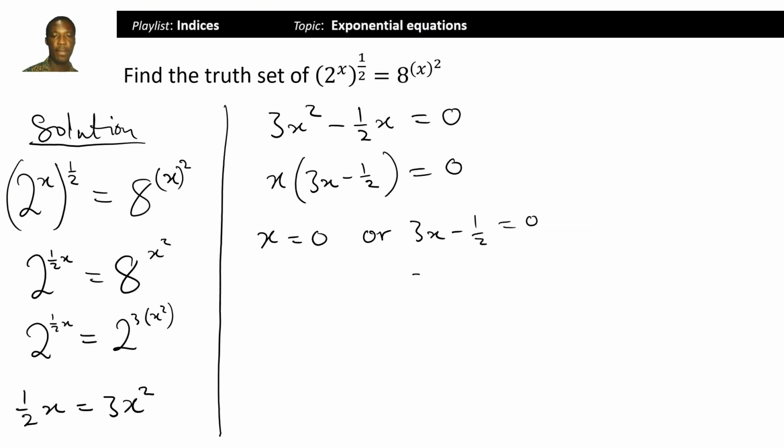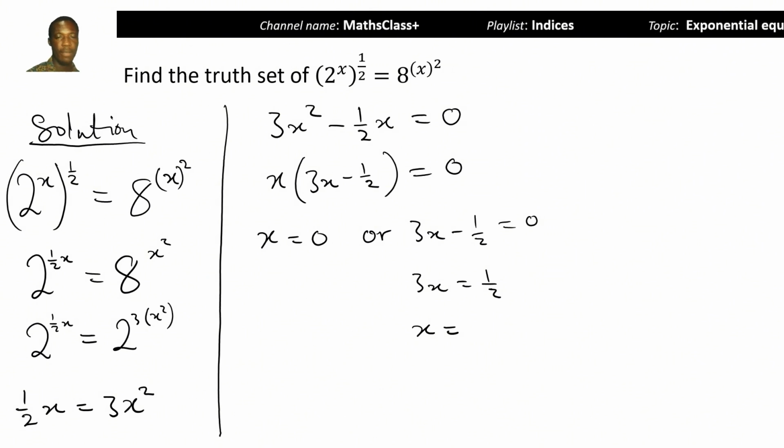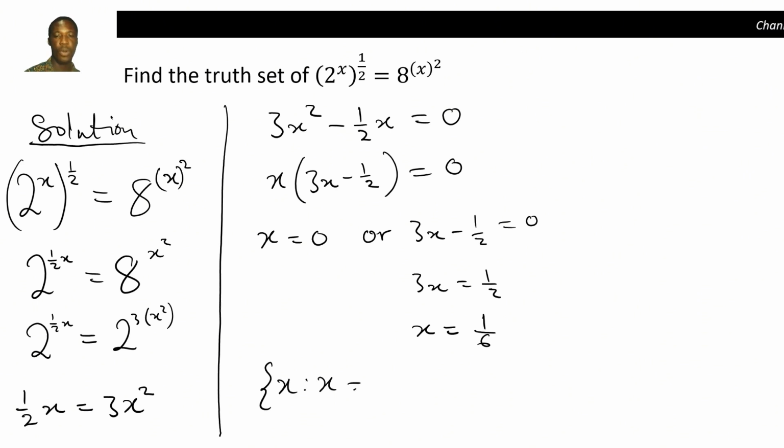And that means I have 3x is equal to half. My x will be half divided by 3. That will give me 1/6 as the solution. And as a truth set, I have to state it as x is such that x is equal to 0 and x is also equal to 1/6.